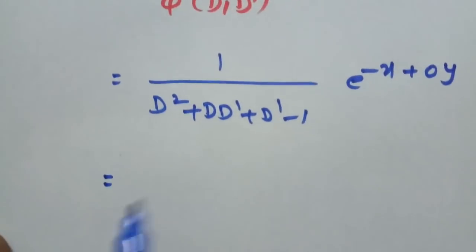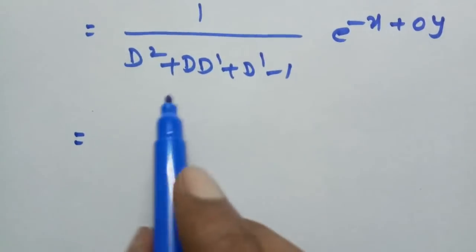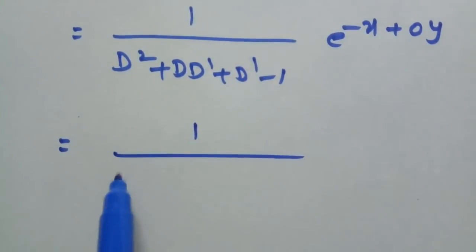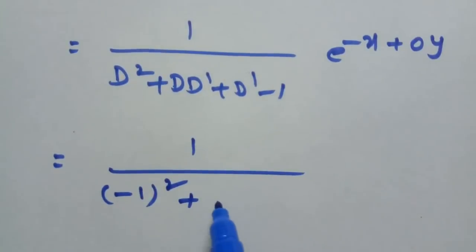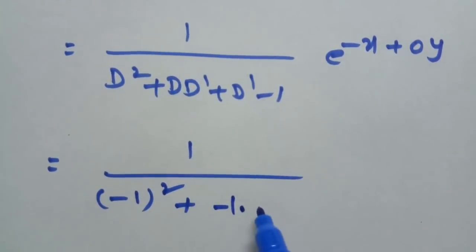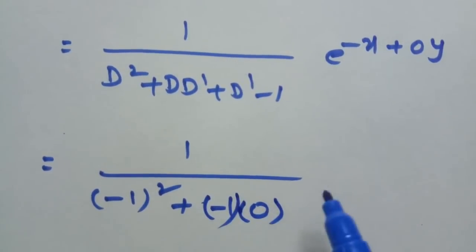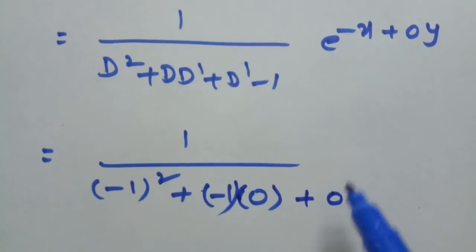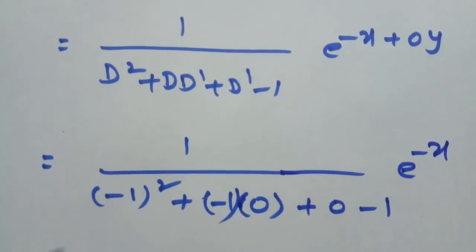Therefore, as per rule number 1 discussed in the homogeneous linear partial differential equation, here put D equal to a, that is minus 1, and D dash equal to b, that is 0. So we get (minus 1) whole square plus (minus 1) into 0 plus 0 minus 1, into e power minus x.